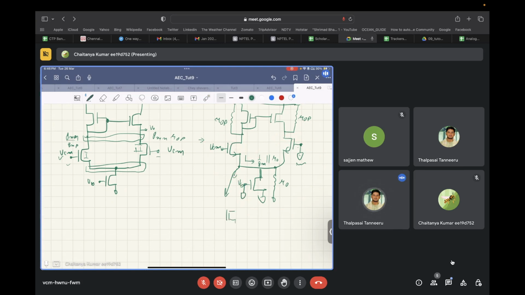So how does it look? You have VCM over here, and here you have an equivalent impedance of 1 by GM parallel the output resistance R out, correct? Which is roughly equal to 1 by GM. Yes, sir. Okay, now if that is the case, what is the voltage at this node, the source node?